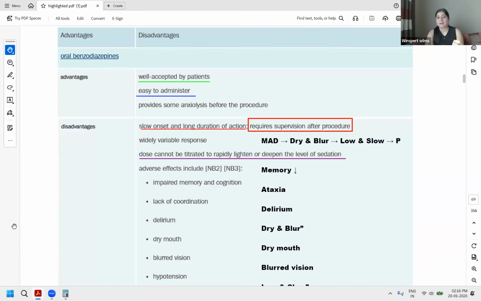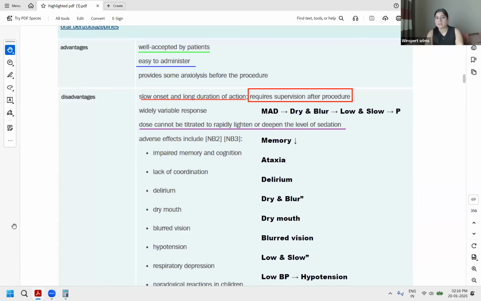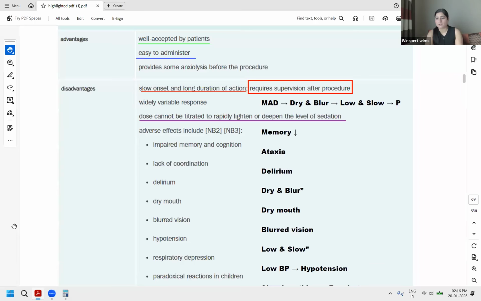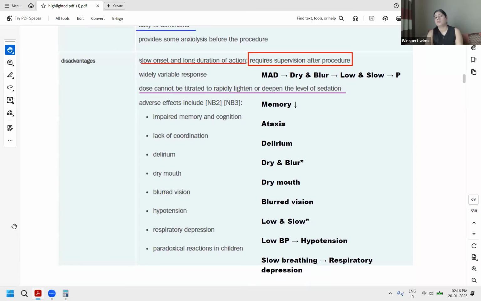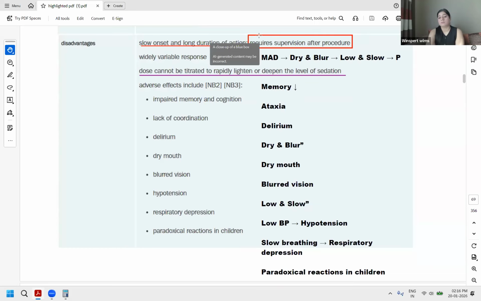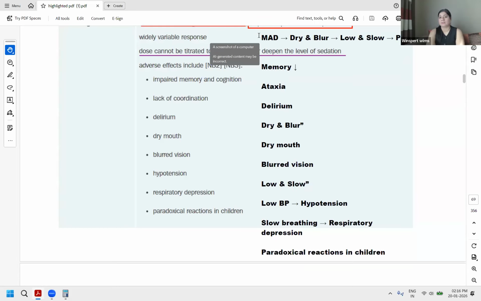For BZDs, advantages are they can be easily given and are well accepted by the patients. There is no mask, just a pill to pop, and you can start anxiolysis before the procedure. Disadvantages include variable adverse effects like impaired memory and cognition, ataxia, delirium, dryness of mouth, blurry vision, low blood pressure, slow breathing, and paradoxical reactions.